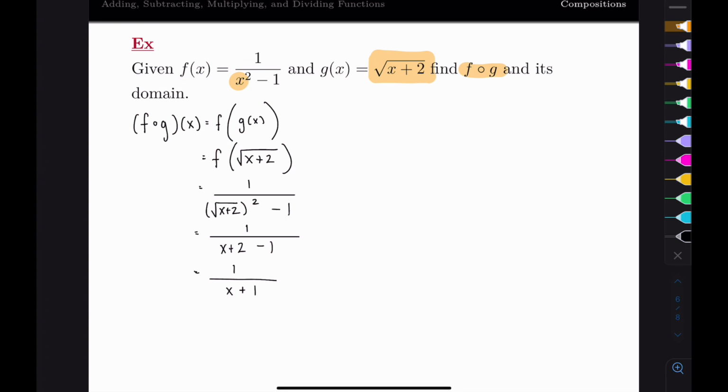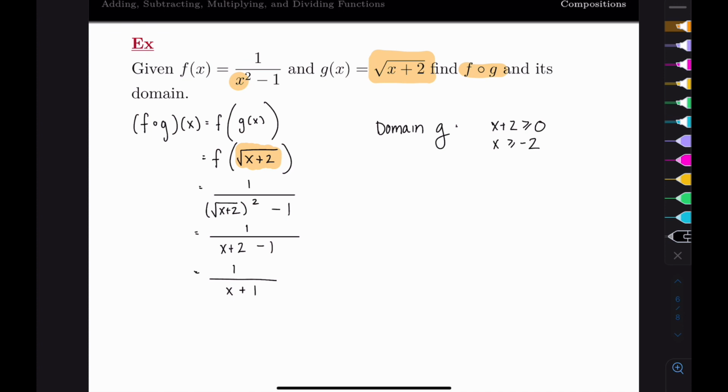So when I find the domain of this composite function, I have to find the domain of g. I've got to make sure this expression is defined to begin with. So one thing I need to make sure for this composite function is that I have x plus 2 being greater than or equal to 0, which is the same thing as saying x is greater than or equal to negative 2.